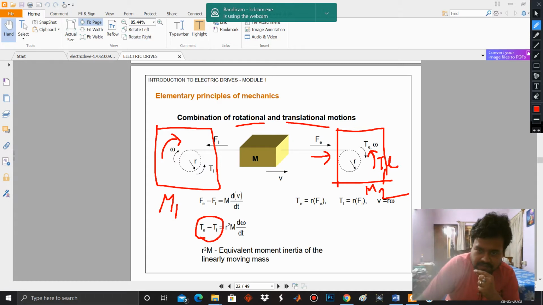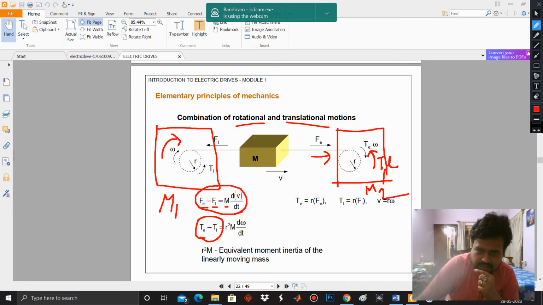So Te and TL are in opposition. Similarly, the force with which this mass M is moving in the forward direction is Fe, whereas the load is FL in the opposite direction. So Fe minus FL is equal to M dV dt.